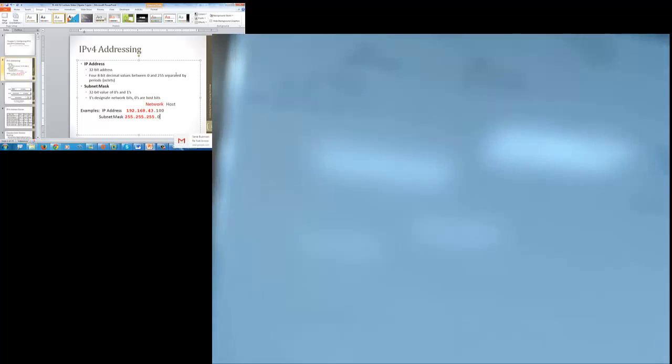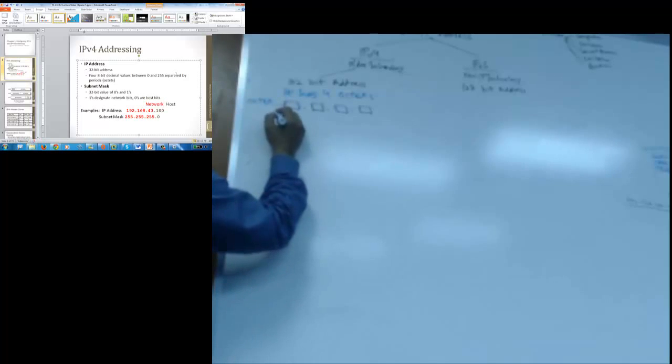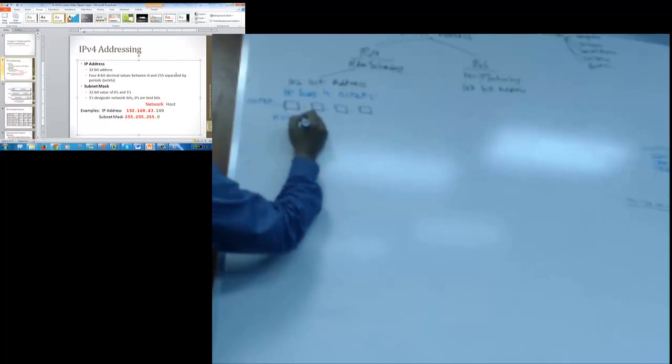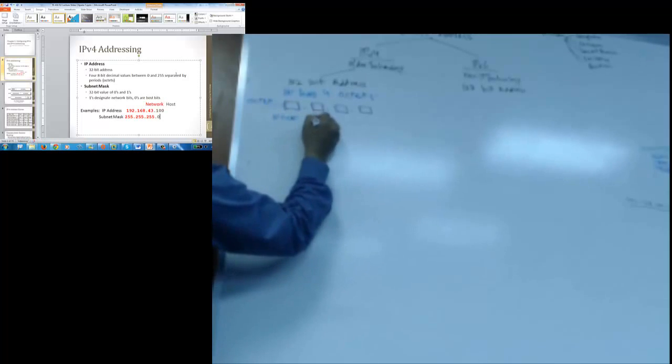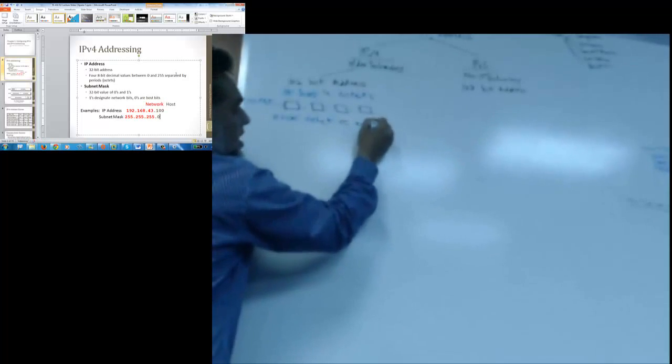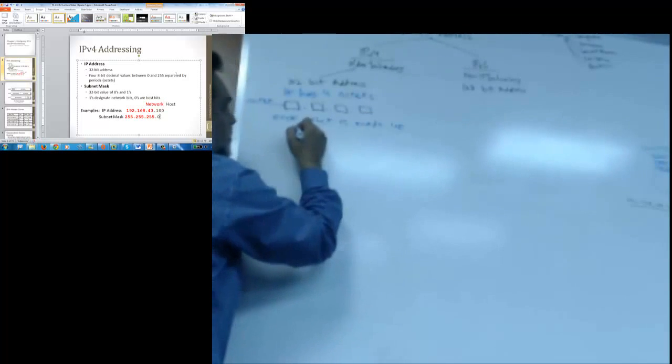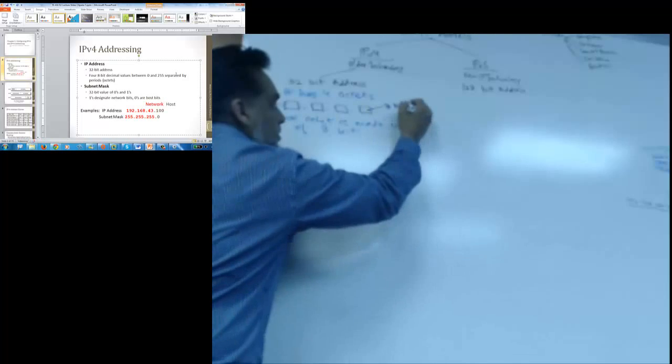Now, each octet is made up of 8 bits, which means that each octet has 8 bits.